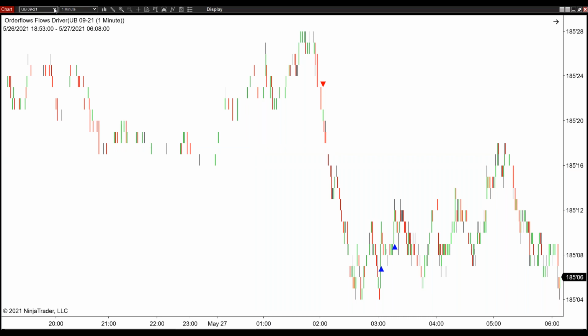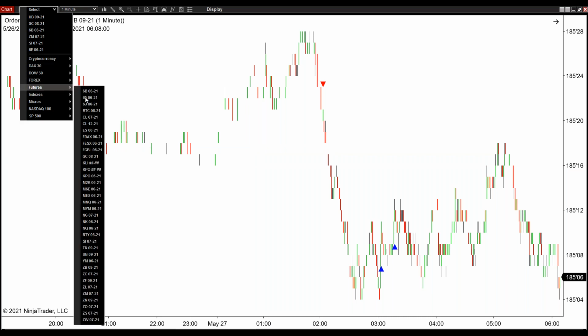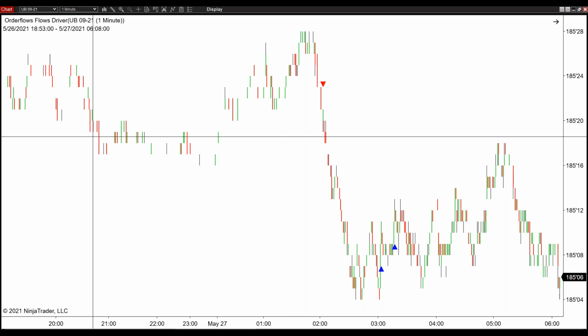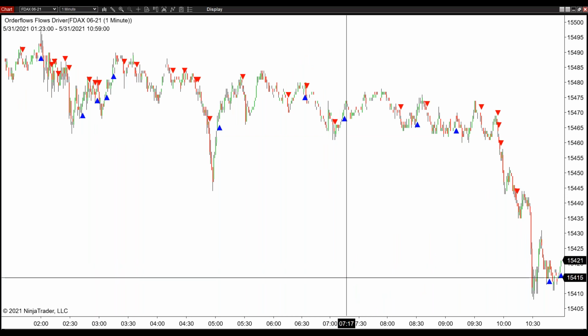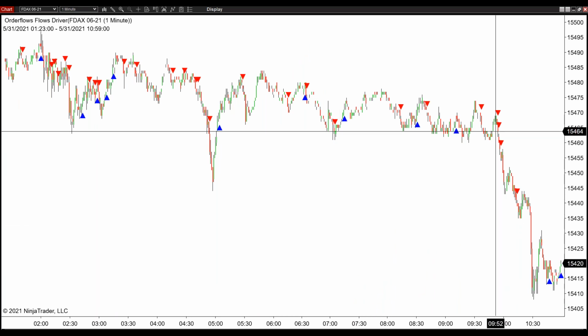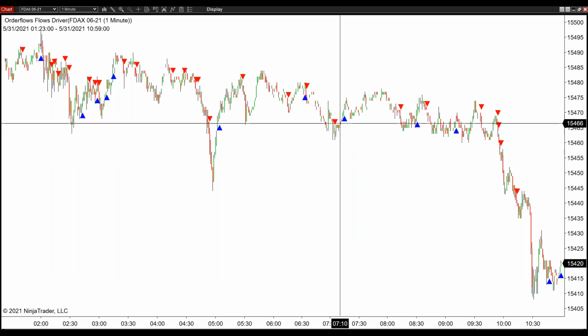Let's take a look at other markets. I think I'll look at DAX. DAX is an interesting market. It's a market that's got a lot of price activity. There's a big drop from this area.